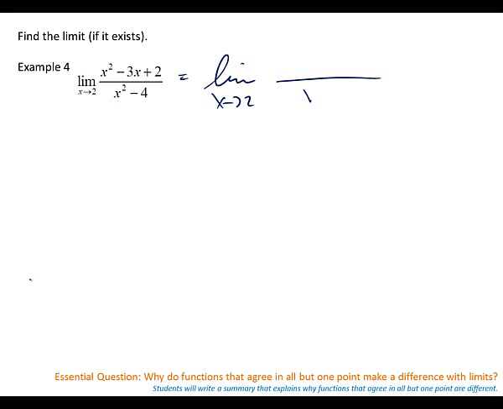What do you notice about 4? What's different about it? Good job. You have to factor both the top and the bottom, right? All right, good. I like the numerator and denominator vocabulary.